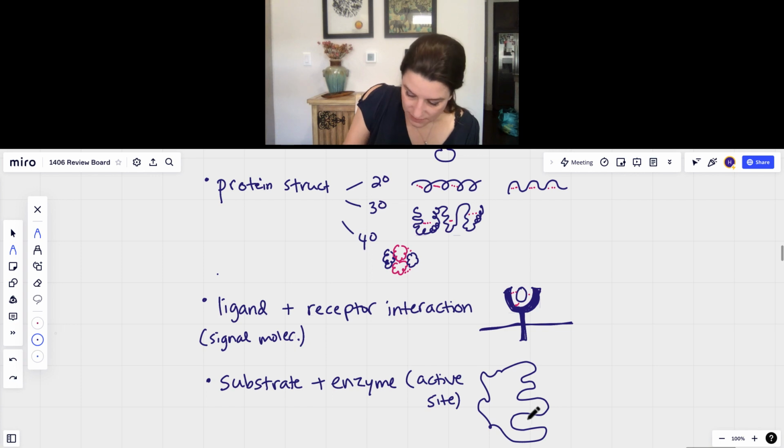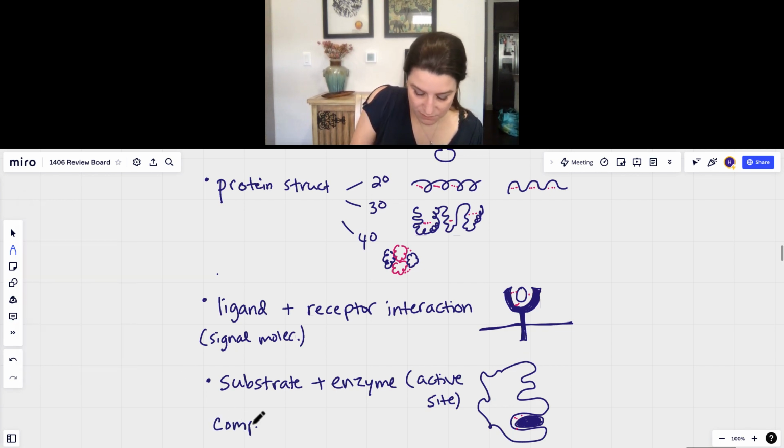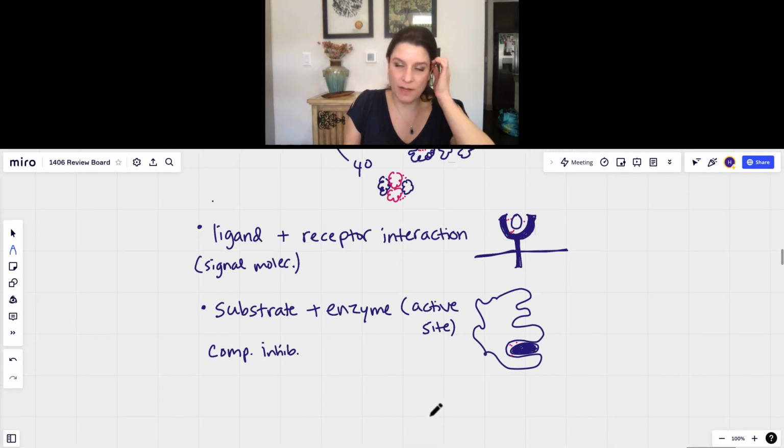Here's your substrate that's going to bind in that active site, and it can be held in place by hydrogen bonds. You could also have competitors. So not the substrate, but a competitive inhibitor in the enzyme active site that could be held in place by hydrogen bonds.